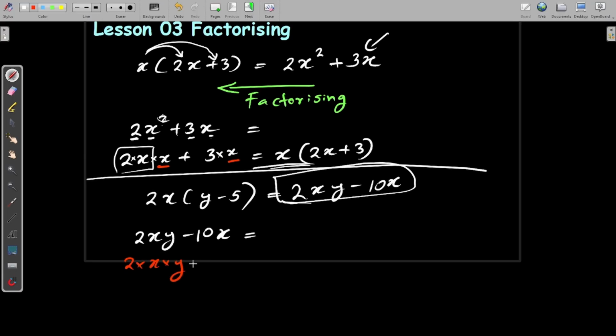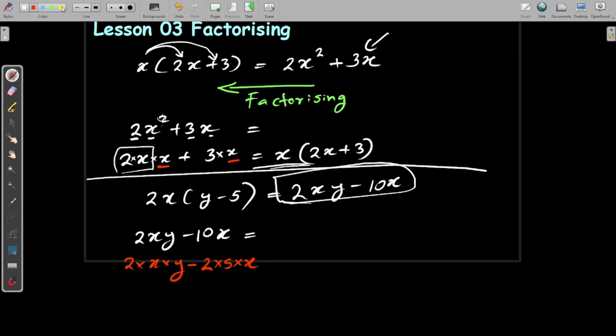For the minus 10, we have to think of the factors of 10. The factors of 10 can be 1 times 10 or 2 times 5. Since I have a 2 in the first term, I'm going to write this as 2 times 5 times x.